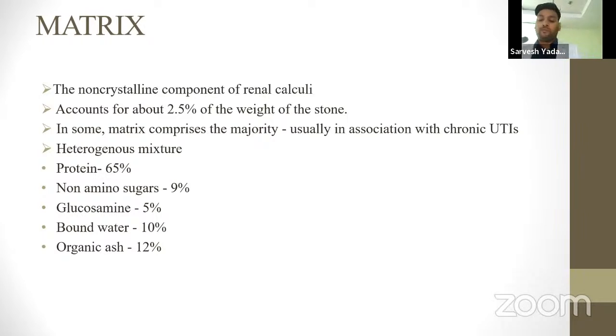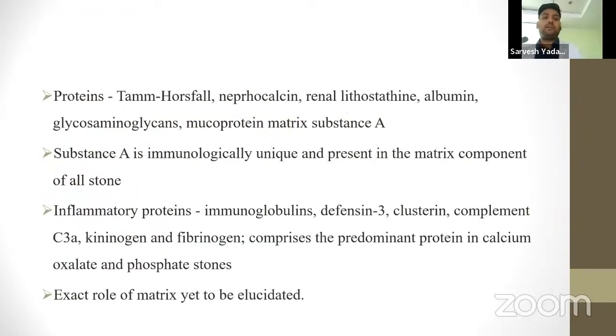Proteins are the most common, approximately 65%. These include Tamm-Horsfall protein, nephrocalcin, renal lithostathine, albumin, glycosaminoglycans, and mucoprotein matrix substance A. Substance A is immunologically unique and present in the matrix component of all stones.